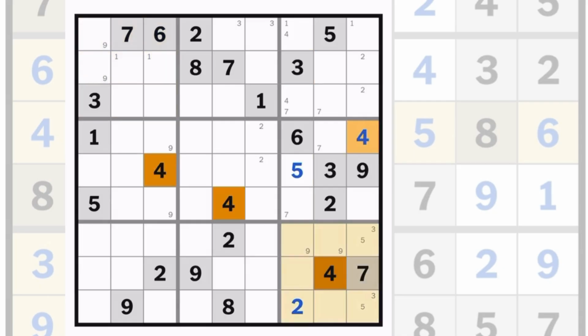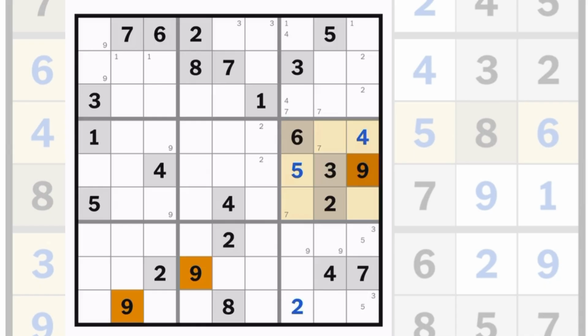Then 4, 5, 6, 7, 8, 9. So now we will start filling the cells with all the possible numbers.